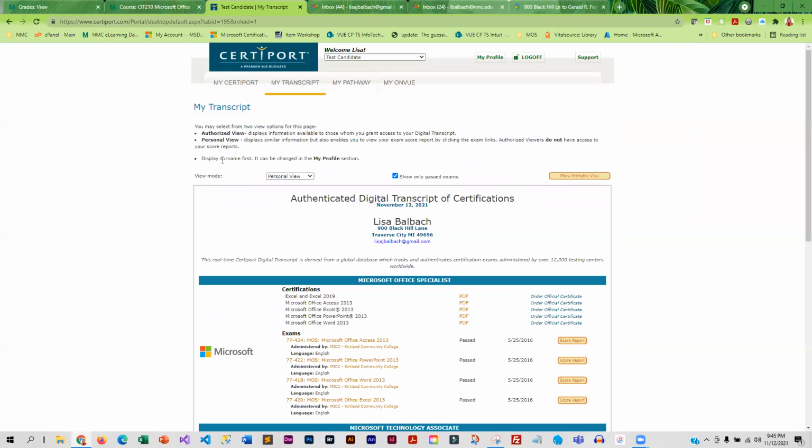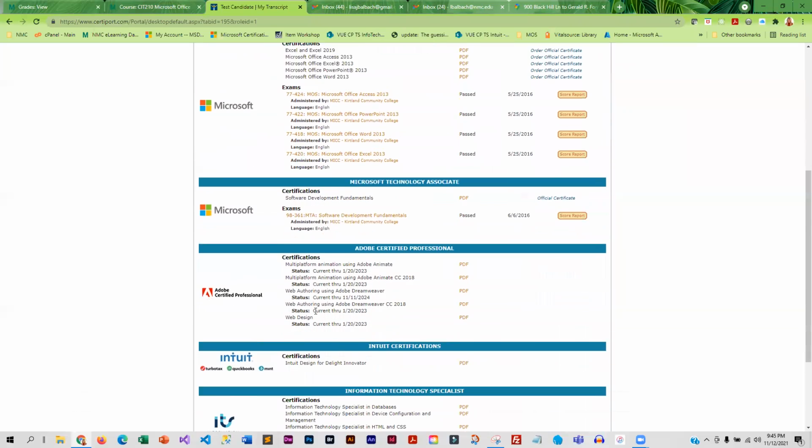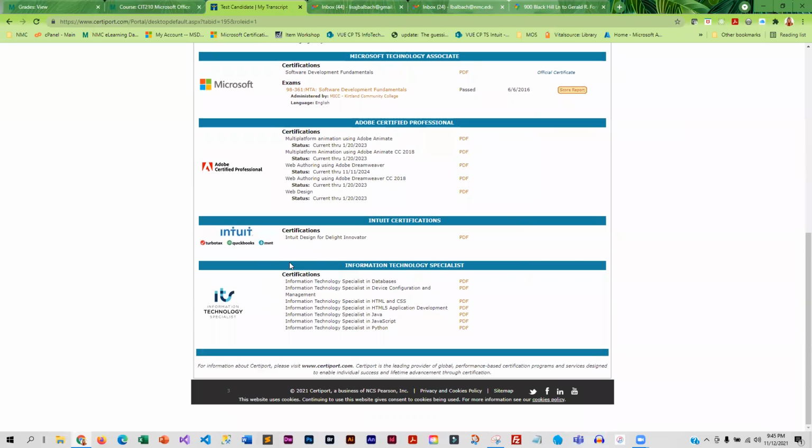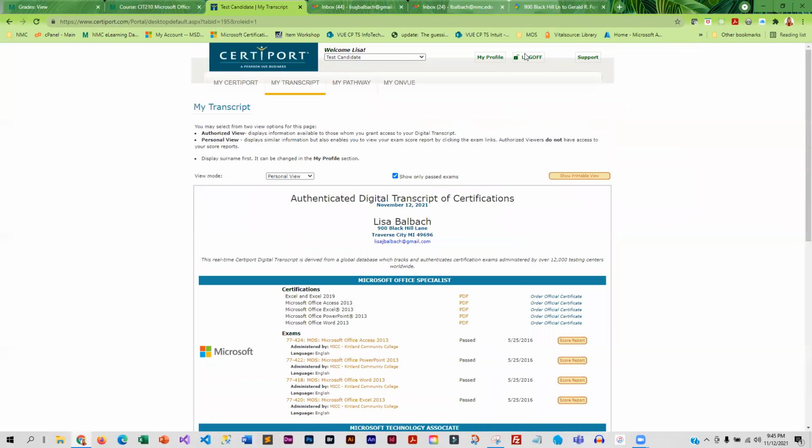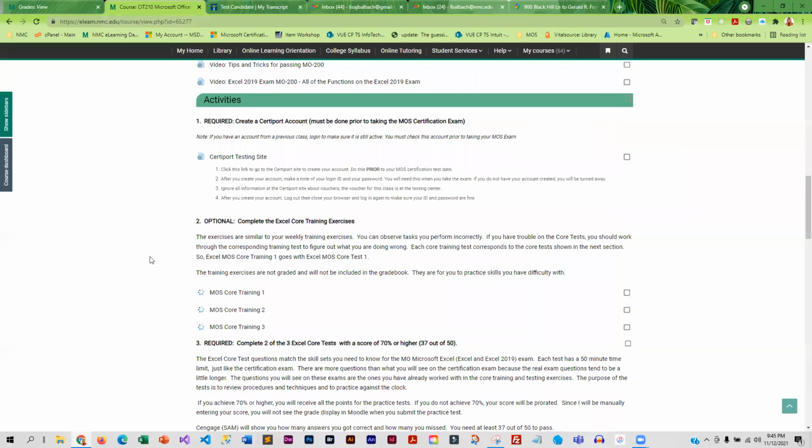The transcript is going to show all of your certifications, but I don't really need to see that. All I need to see is that you know how to log in. And that's one thing that's required.